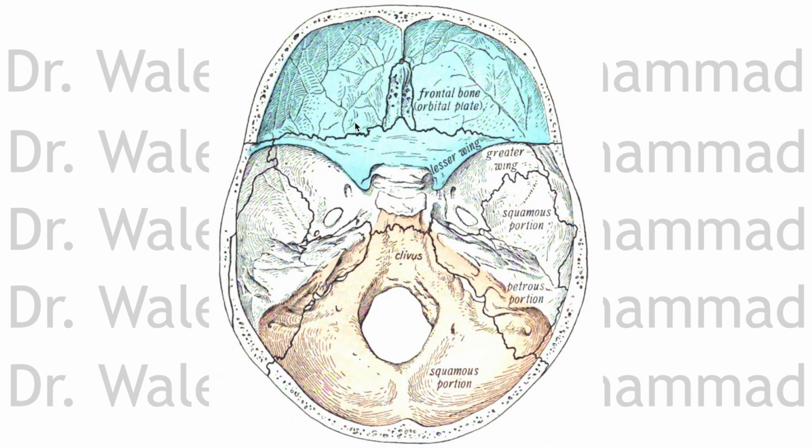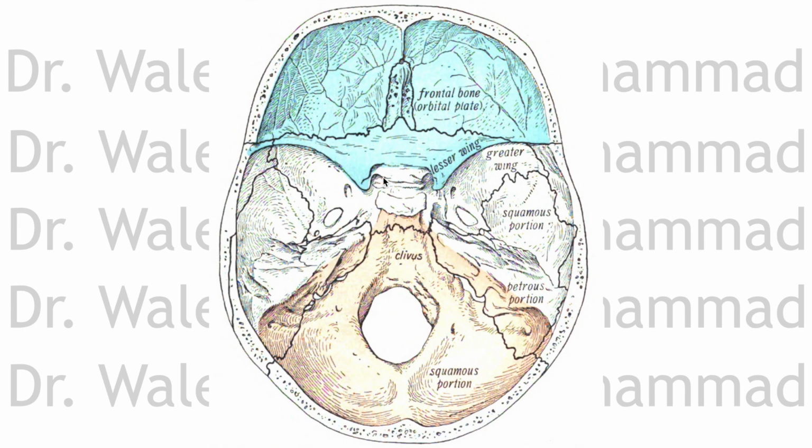This is norma basalis interna, or the view from the inside, just to show you the cranial fossae. This is the anterior cranial fossa, formed by the frontal bone, the orbital plate part, which forms the roof of the orbit, and the lesser wing of the sphenoid, which projects backwards into the clinoid processes.